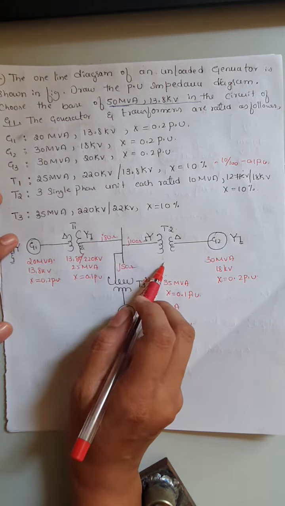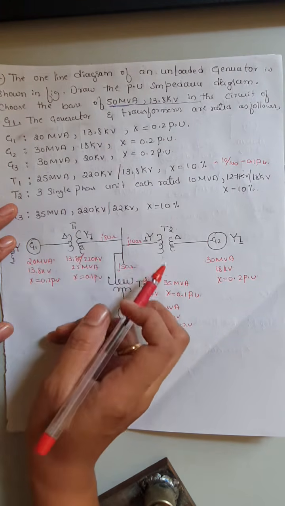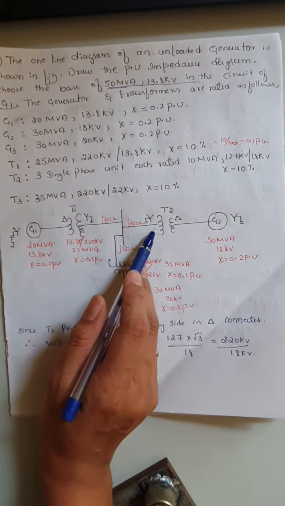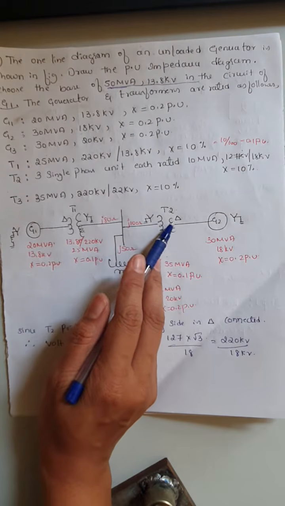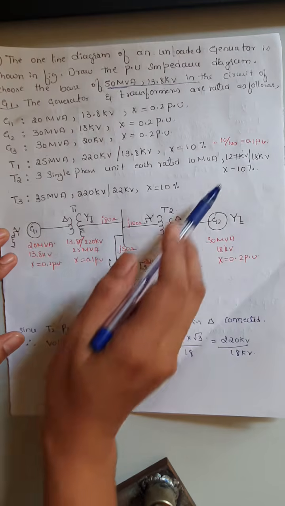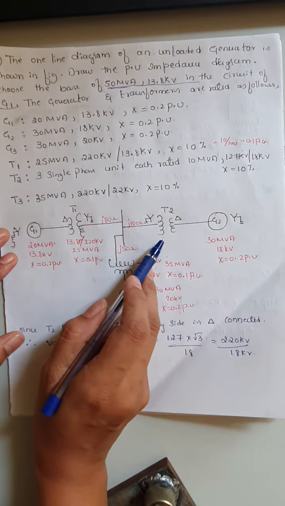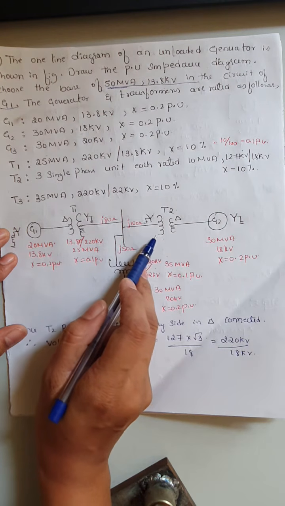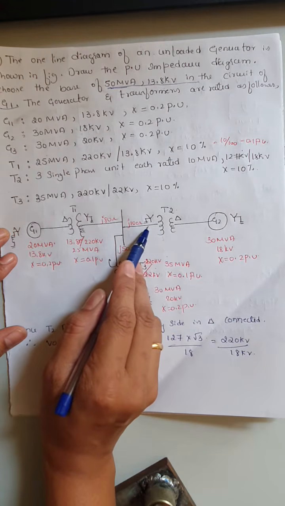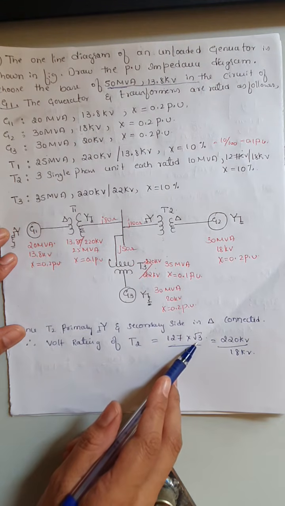So the next is, before going for the procedure, we need to convert the 3 single phase unit into a 3 phase transformer. Since for the transformer T2, the primary side is star connected and the secondary side is delta, and you can observe the primary side will be having a higher voltage of 127 kilovolt. So in such cases, for converting 3 single phase units into a 3 phase transformer, the winding which is having a higher voltage and is star connected, for that winding you need to multiply with the root 3 factor.